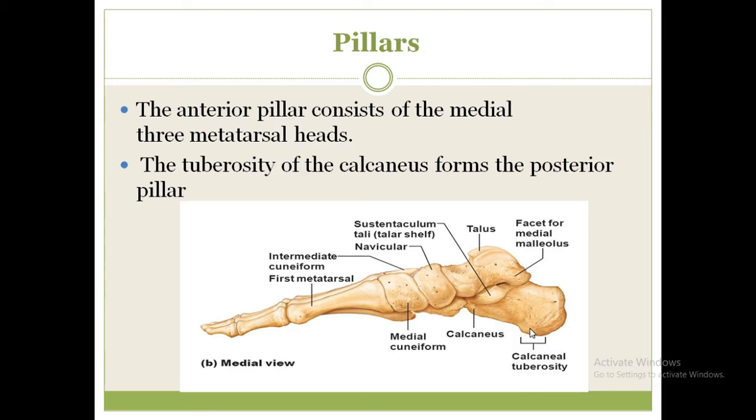The medial arch is formed by bones contributed from the forefoot, midfoot, and the hindfoot. Then the medial arch rests on the pillars. The pillars are formed by the three metatarsal heads from the forefoot, and from the hindfoot, the tuberosity of the calcaneum, which forms the posterior pillar of the medial longitudinal arch.